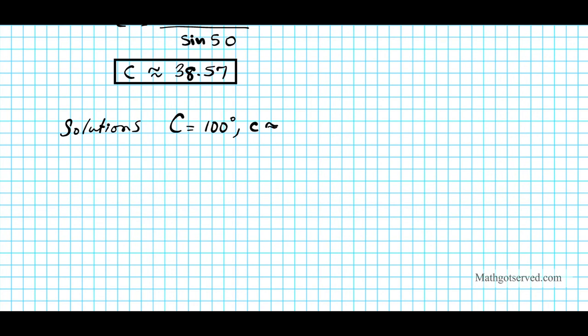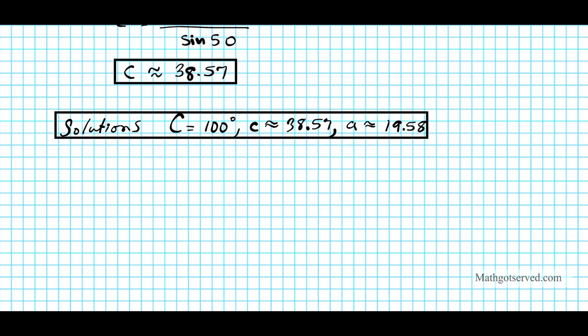Little c is approximately 38.57, and little a is approximately 19.58. All right, so there go your answers. All right, let's move on to question number 2.